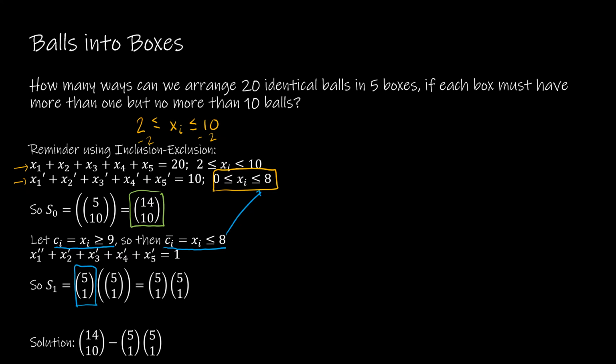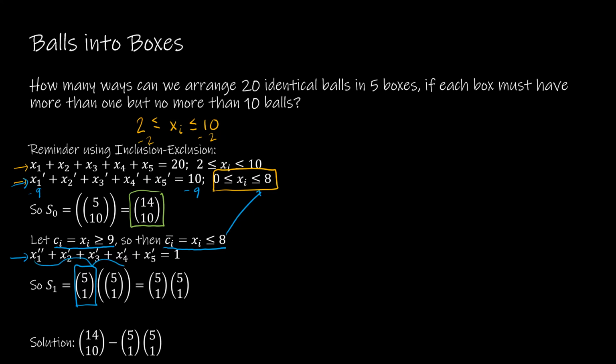Then I'm going to assume that the condition is met for just one, which means I'm going to take this equation and I'm going to subtract 9 from each side, just for one of the variables, because only one condition is being met. That leaves me with x1 double prime and then x2 prime, x3 prime, etc. is equal to 1.